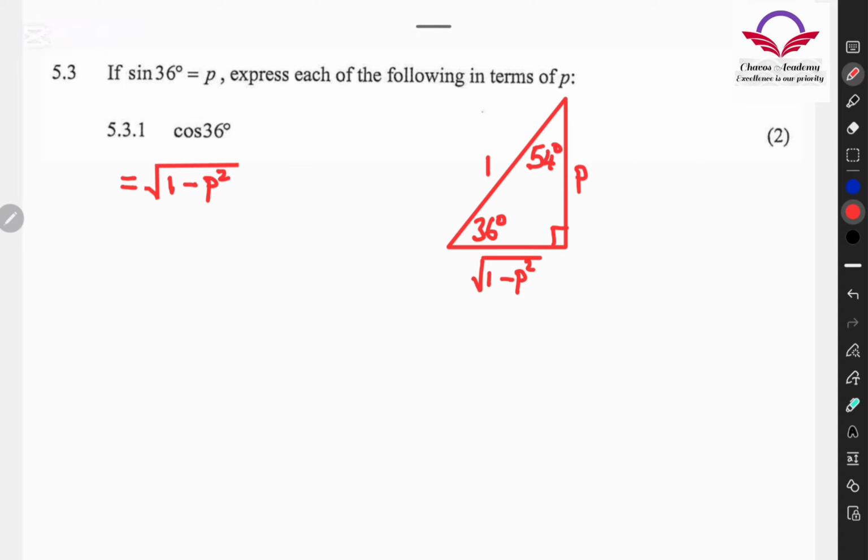For this one, you just need to remember your Pythagoras well to calculate your adjacent.